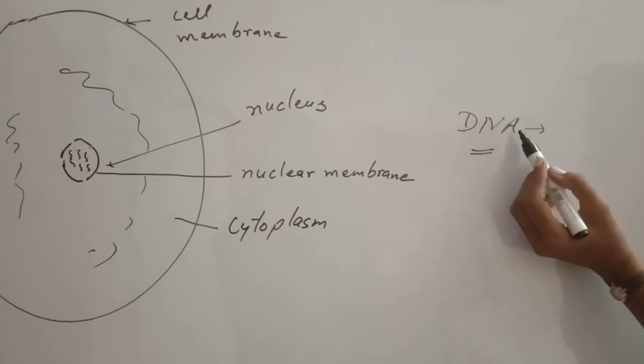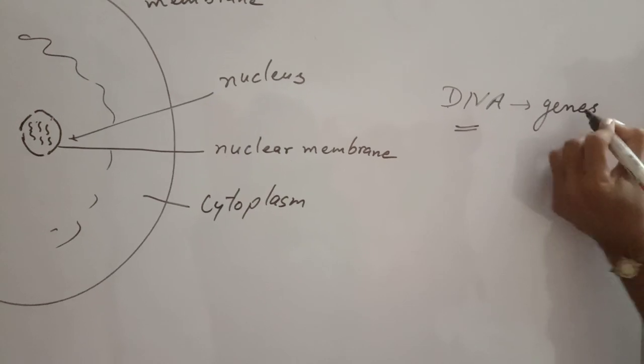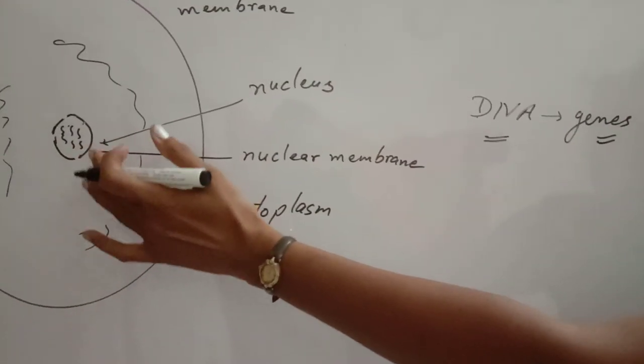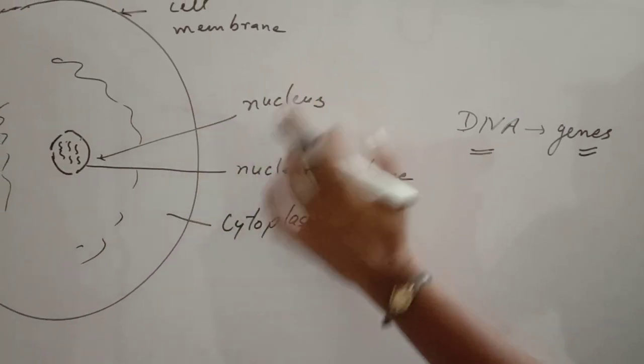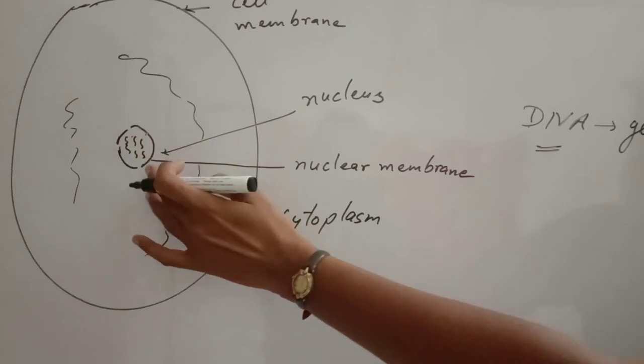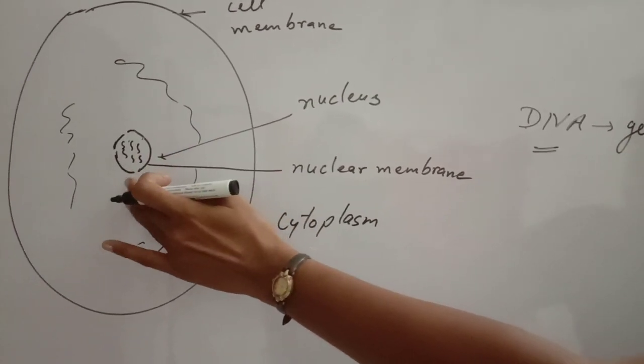Now this DNA has small segments, and those are called genes. So the nucleus plays a very important role in cell division. The nucleus is the most important part of the cell, and it plays a very important role in the cell division process.